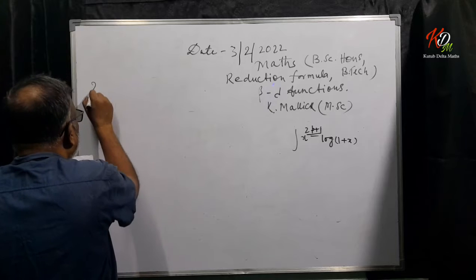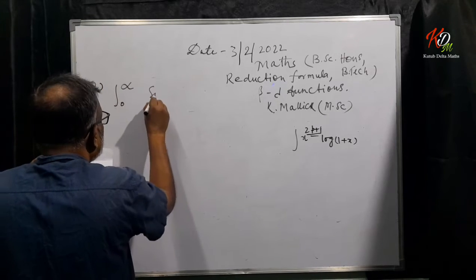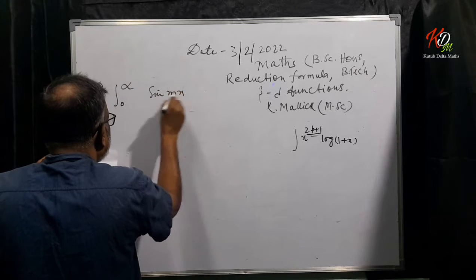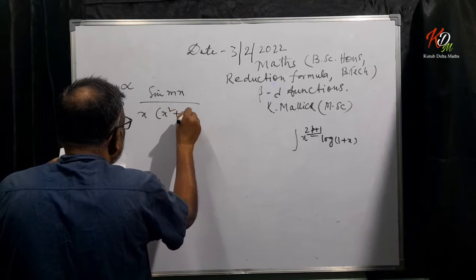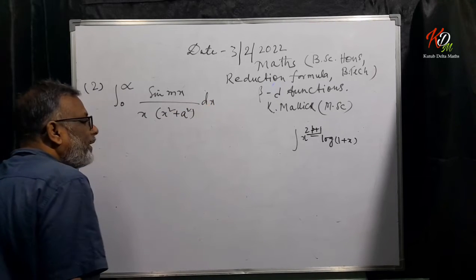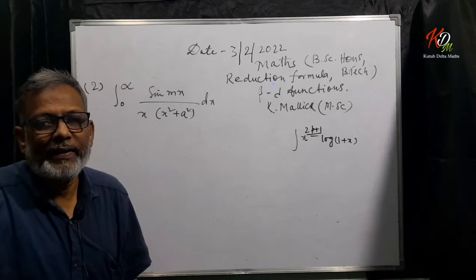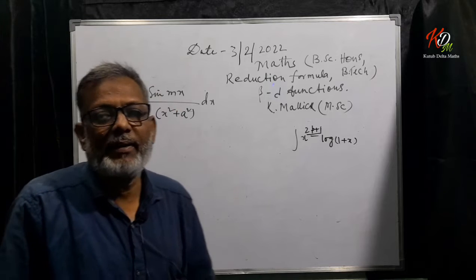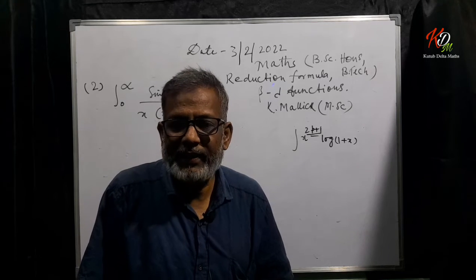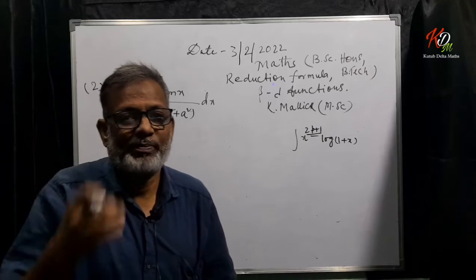Number 2: the integral from 0 to infinity of sin mx by x square plus a square. These questions can be solved not only by mathematical reduction, not only at the B.Sc general pass but honors standard, they may be solved by the differentiation method.